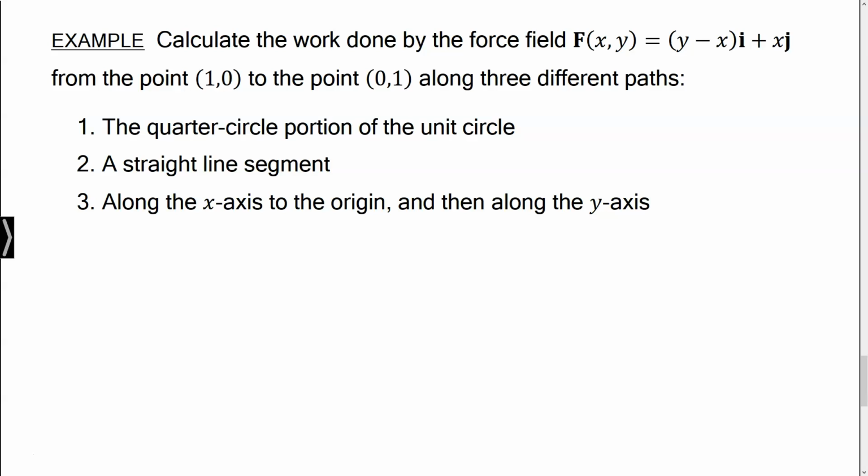But here we're going to look at three different line integrals from the same point to the same point, three different ways to get there, and we're going to see that we get the same answer all different ways. Now, does that prove that it's independent of path? Well, no, of course not, because there's an infinite number of ways that you can get from one point to another. But it does suggest that maybe it is, and we may even want to bet money that it is.